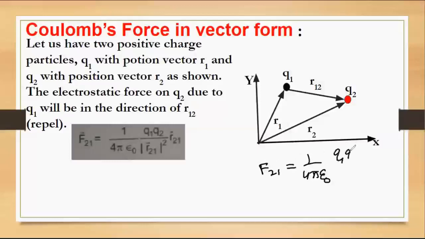Here we have to put magnitude only. And here is the separation. From the vector, R21 is equal to R2 minus R1. So R21 squared. And then for that direction, we have to give a unit vector.